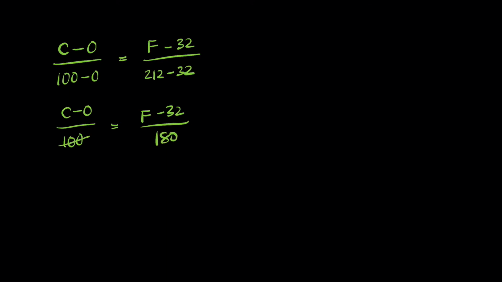Now when you cancel out, you get 5s and 9s. So you have C by 5 equal to (F minus 32) by 9.